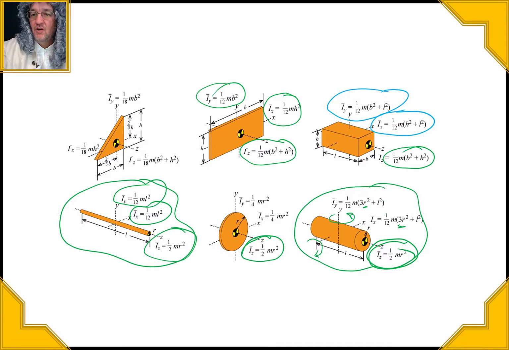It's going to be 1/12 mass times one dimension squared plus the other dimension squared, right? So let's take a look at this one. It's going to be height squared and base squared, right? Or you take a look at this guy right here, and it's going to be this squared plus this squared, right? So it's the ones that it's perpendicular to.